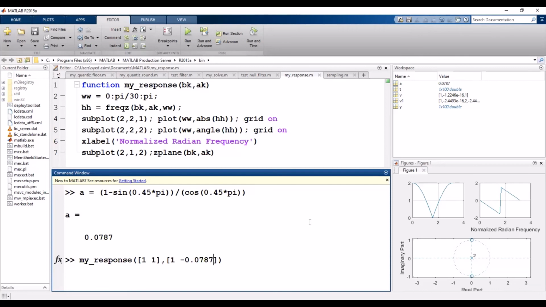And if I simply press the enter key, you can see the response of the low pass filter is implemented. That is basically not a bounded real transfer function.